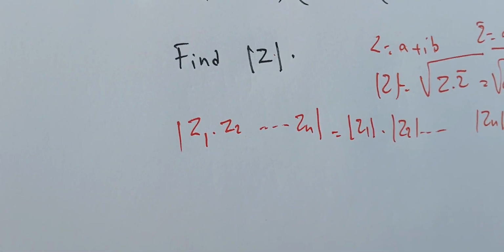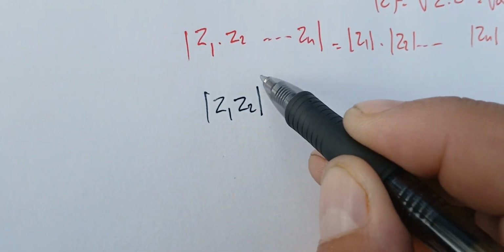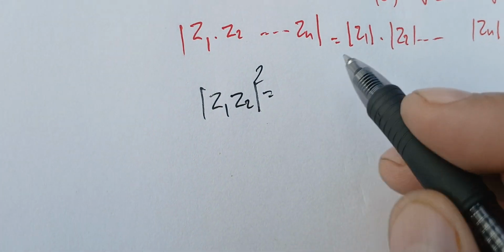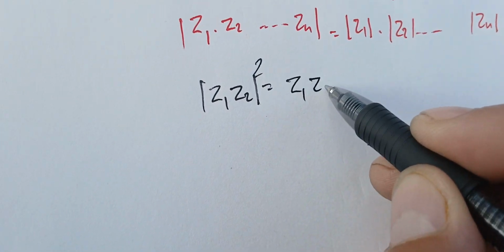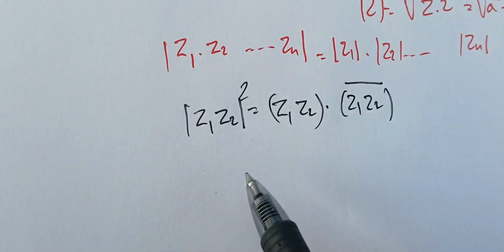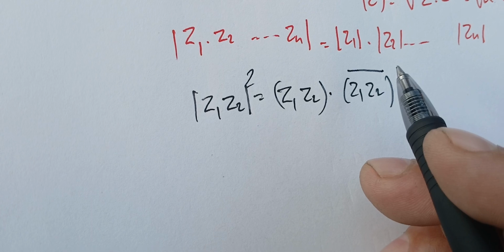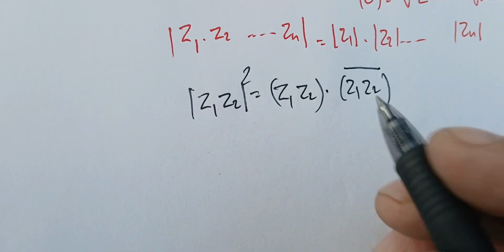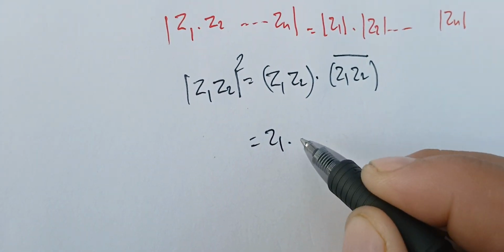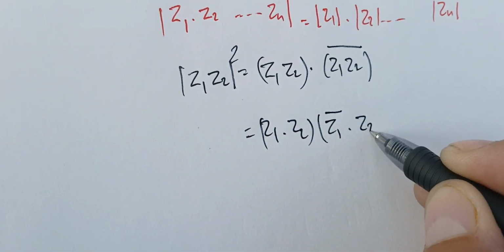In fact, for two numbers z1, z2, the norm squared by definition is z1 z2 times the conjugate of z1 z2. But we know that the conjugate of the product of two numbers is the product of the conjugates. Therefore, we have z1 times z2 times z1 bar times z2 bar.